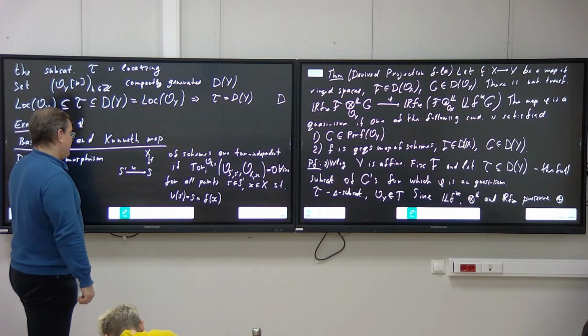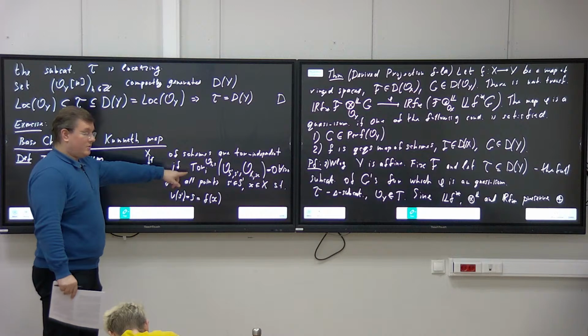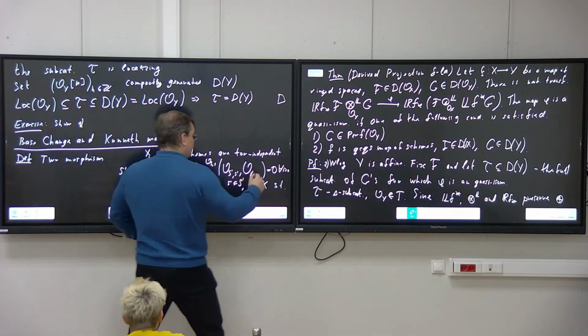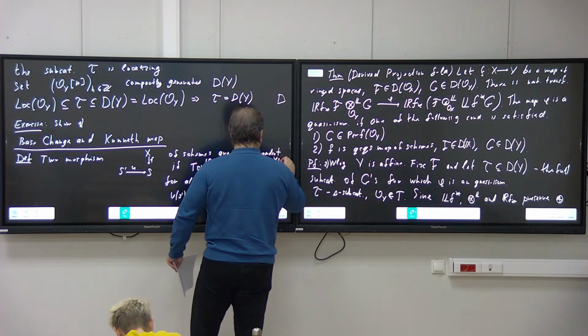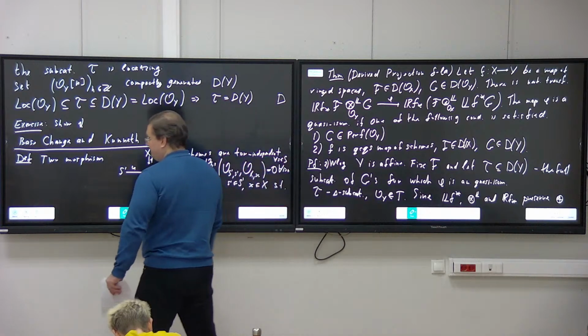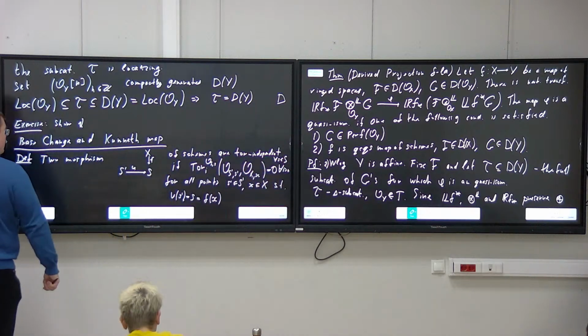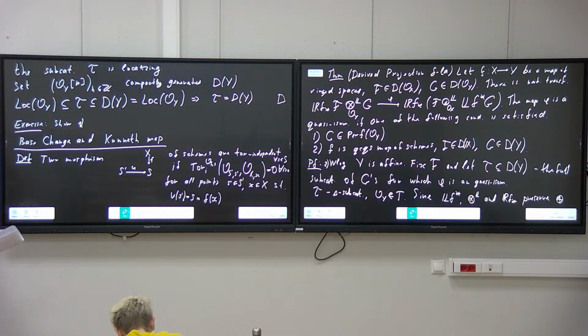And there is also, I think, something missing. So this Tor_i has to be 0 for any index i, and also for any point little s in S. So that's the definition of Tor-independent morphisms.